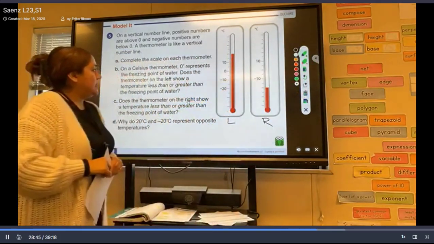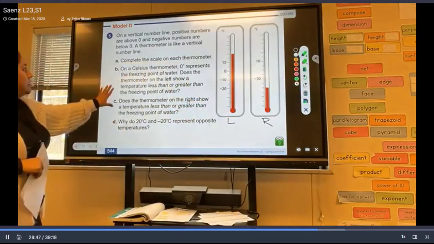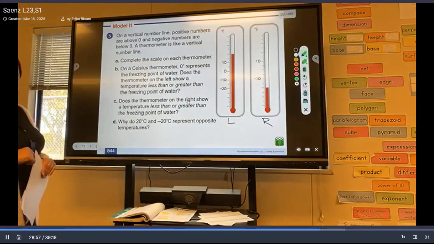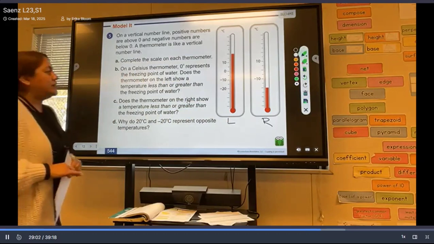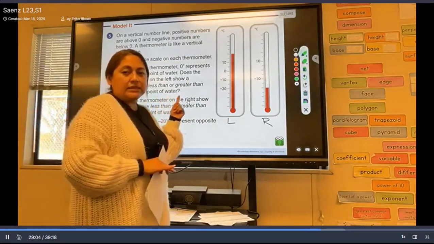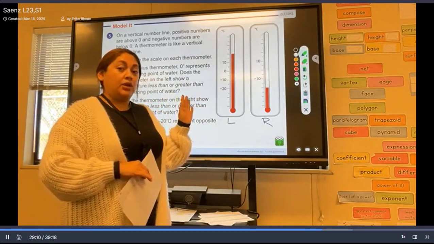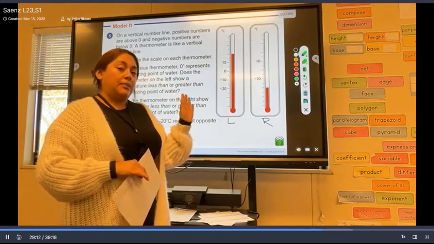Okay? So once you do A, it says on a Celsius thermometer, 0 represents the freezing point of water. Does the thermometer on the left show a temperature less than or greater than the freezing point of water? We did answer a similar question like this on page 543. So if you're a little confused, go back to how you answered this question on that page.